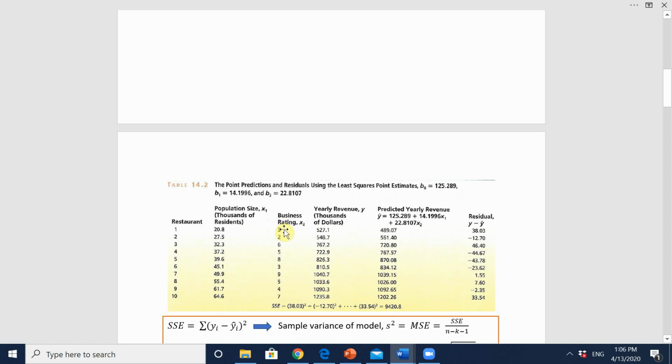So if we obtain here the point estimates for the regression parameters beta 1 and beta 2 as well as beta naught, in fact we get our point estimates: b naught is here in this case 125.289. B1 is another point estimate. This is, of course, always obtained by method of least squares, right? So we get our b1 point estimate for beta 1, and we get our b2 estimate for beta 2.